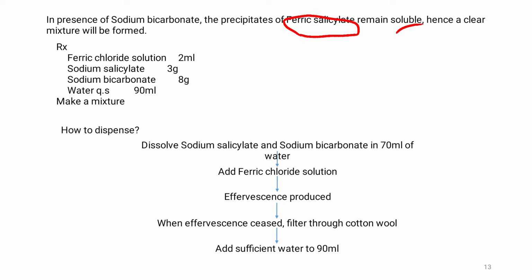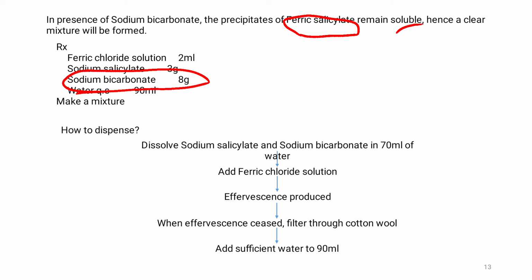Okay. That is ferric chloride solution 2 ml, sodium salicylate 3 gram, sodium bicarbonate 8 gram, water 90 ml. Here we can add sodium bicarbonate 8 gram to this formulation, so that in presence of sodium bicarbonate, the formed precipitate of ferric salicylate becomes soluble and a clear mixture will be formed.